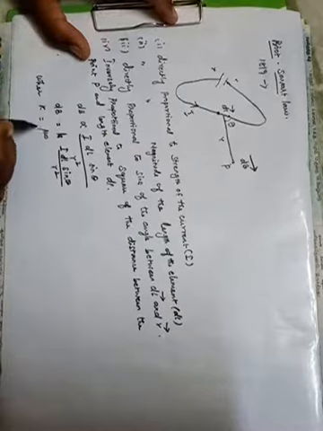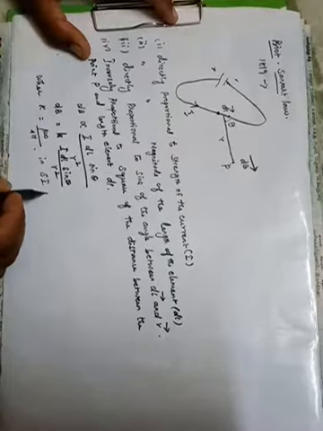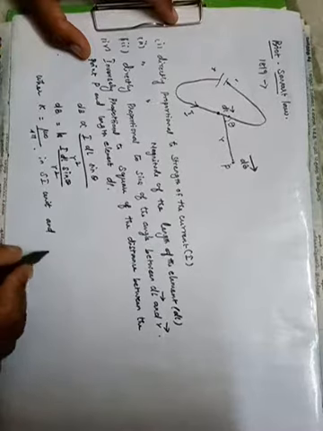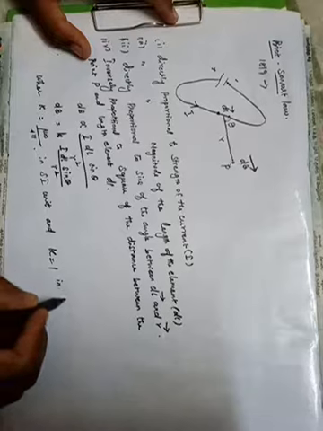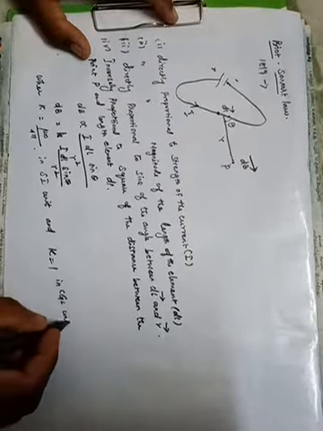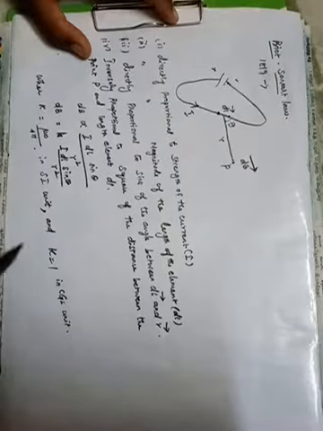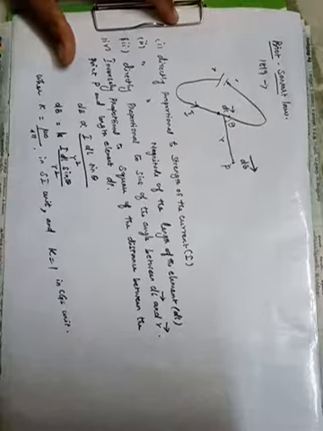It has the value mu naught divided by 4 pi in SI units, and k is equal to 1 in CGS units. So the value of k is mu naught divided by 4 pi in SI unit, and k is equal to 1 in CGS unit.